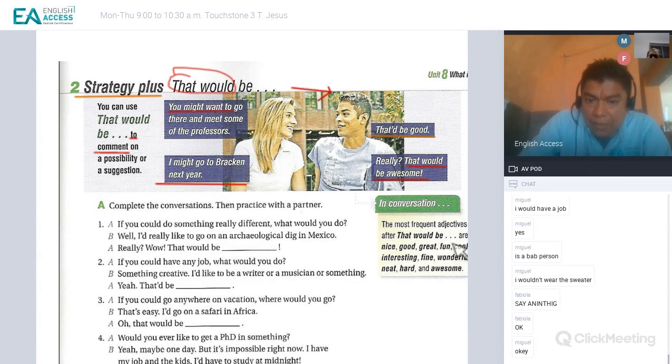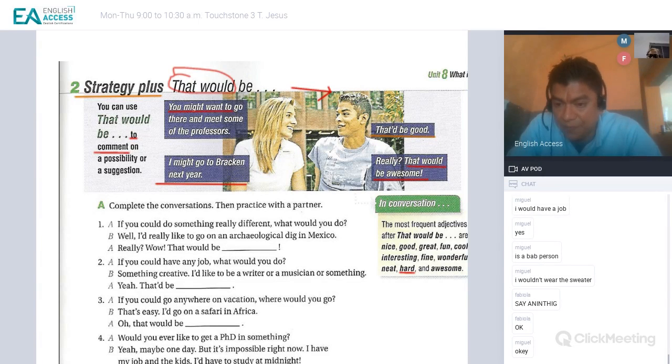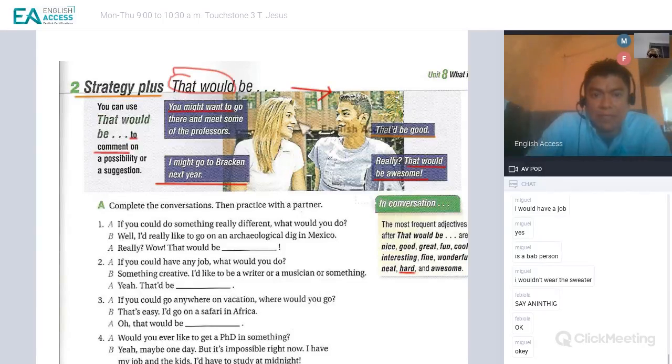Now, these are all positive adjectives. They're all good adjectives. That would be nice. It's a good comment. That would be good. That would be great. That's perfect. That would be cool, interesting, fine. That would be wonderful, awesome, neat. The exception is hard. Okay? That is an opinion that something would be difficult. Yes? Let's have an example.